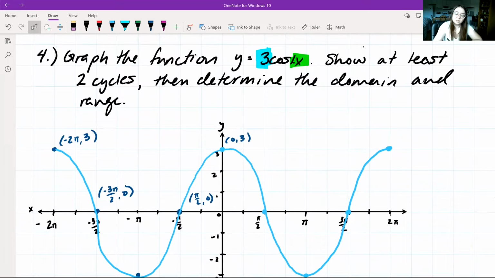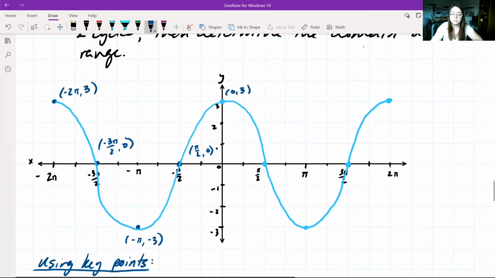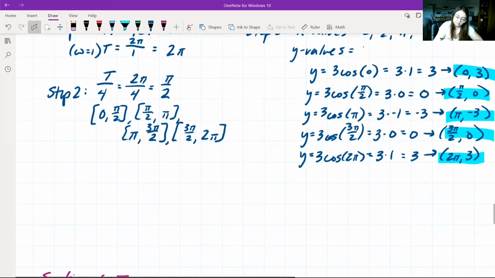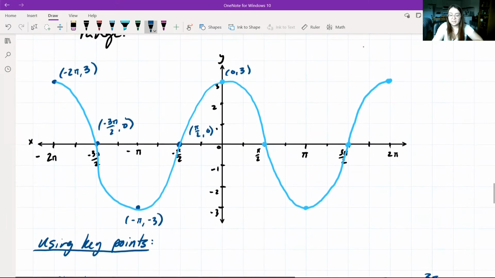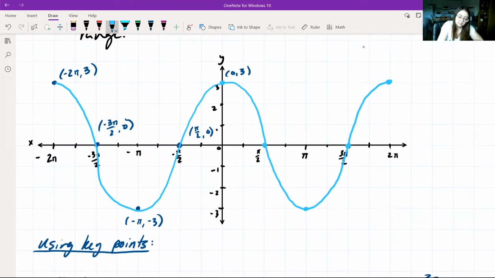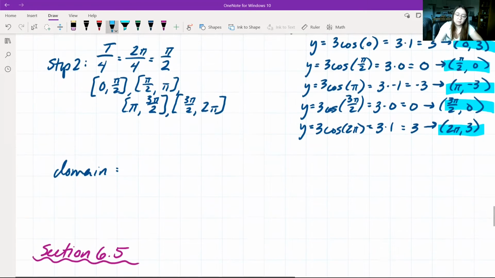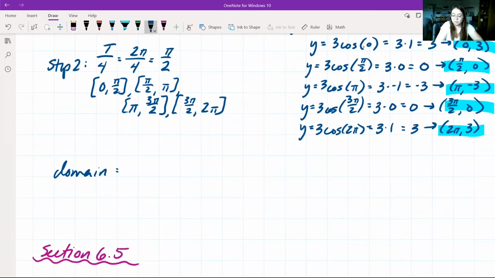Now the last thing we want to do is determine the domain and the range. So with our domain, we're determining where our x values can exist. And actually, our x values will continue on forever. So our domain would be all real numbers, or another way we could write this would be from negative infinity to infinity.